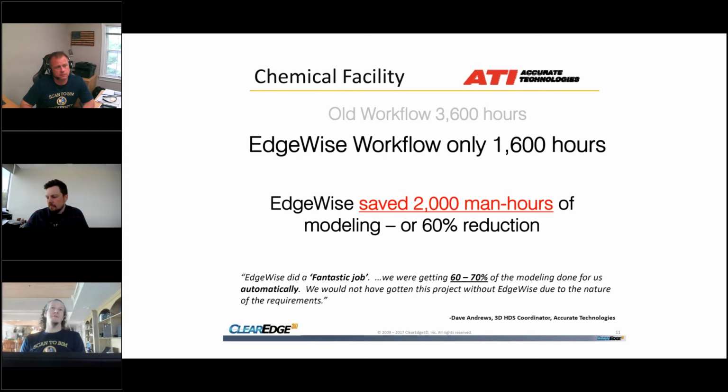That's where you can really see these big impacts from automation, right? Because then it's like, no, it didn't model all the piping for me, but it modeled 60 to 70% of it for me. I finished it up, and it took me 2,000 fewer man hours to do this than it took me to do my last job that was almost the same. That's where you really want these automated tools to come into play.